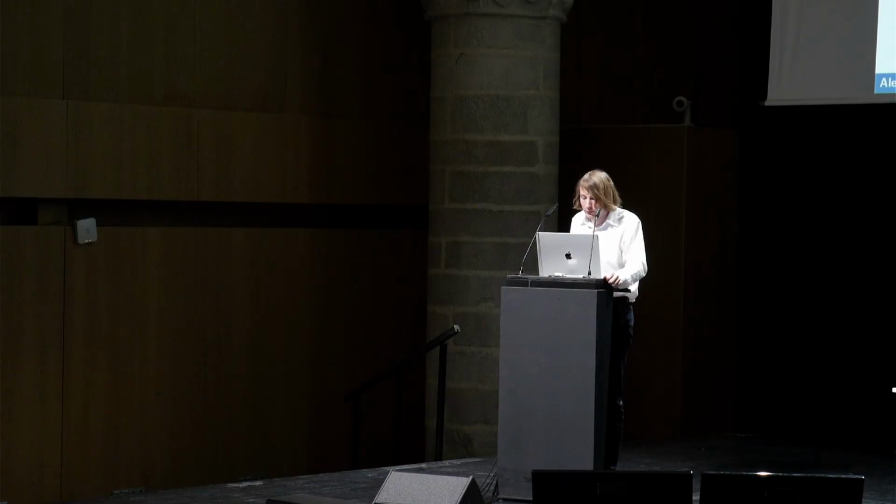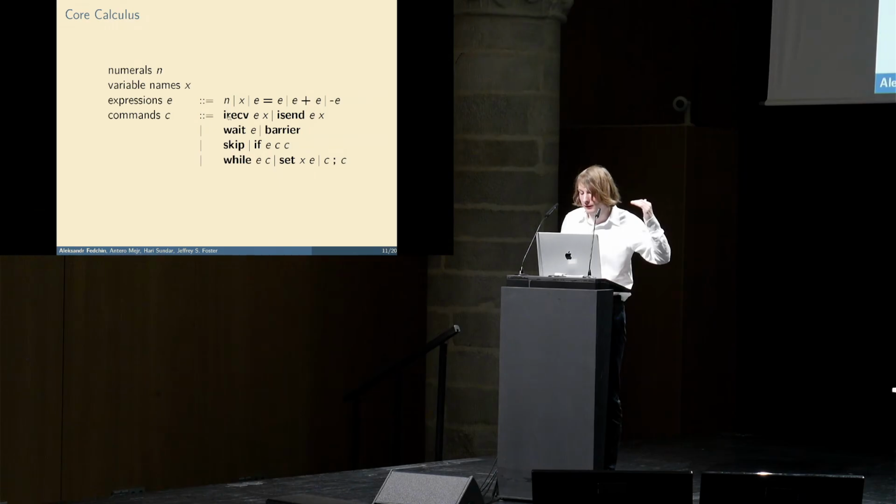The way we model them is, in the core calculus, we differentiate between the beginning of a receive or send and the wait, which is where the block can happen. If you want to write a blocking send or receive, you simply follow a receive by a wait or a send by a wait. But you're allowed not to do that. You can have a ton of different computations and other communication operations in between.